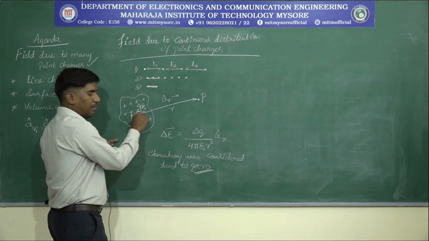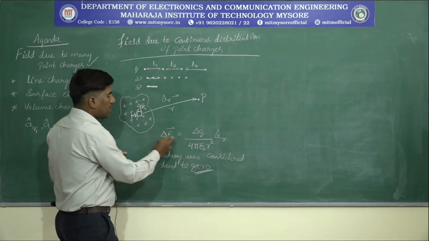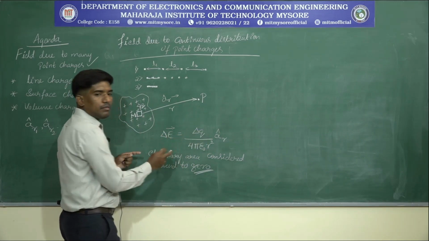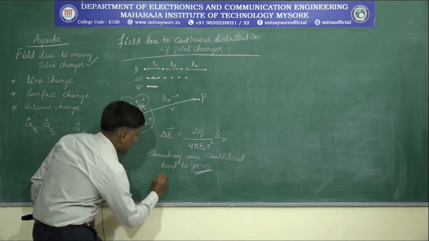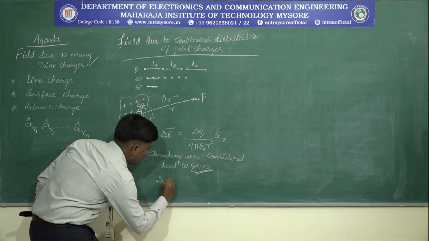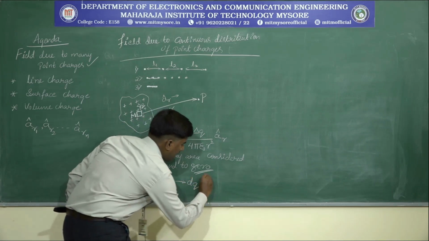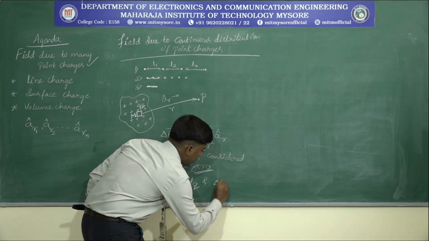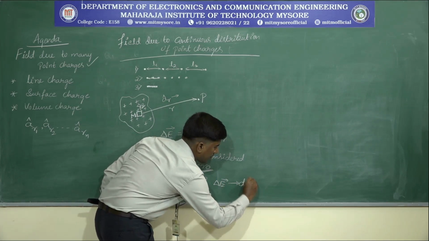As the elementary area considered tends to 0, delta E and delta Q become the differential parameters dE and dQ. That is, delta Q becomes dQ and delta E becomes dE.